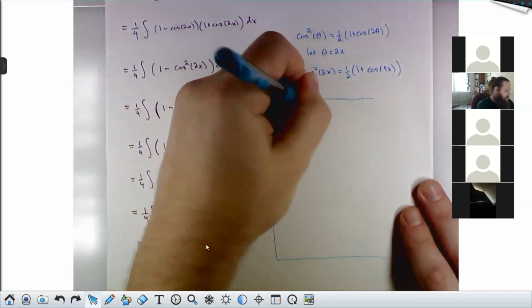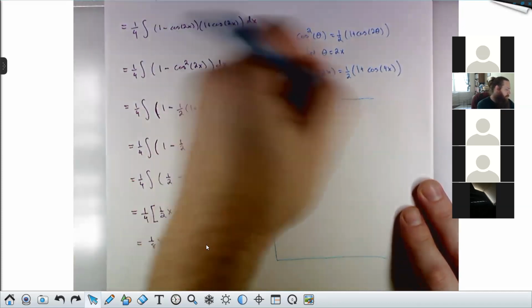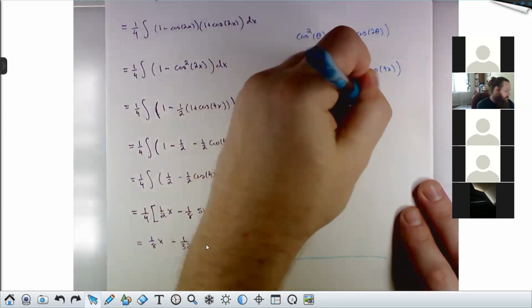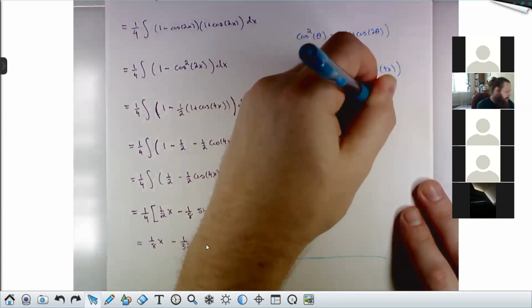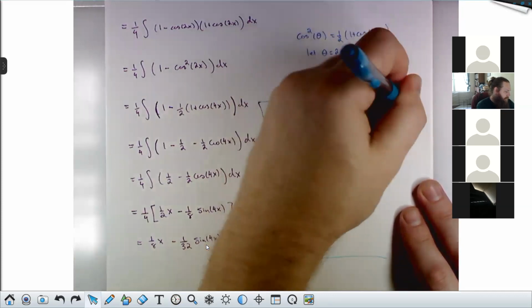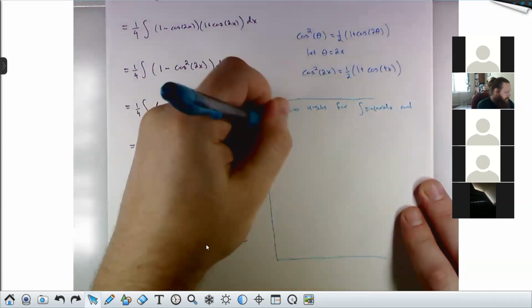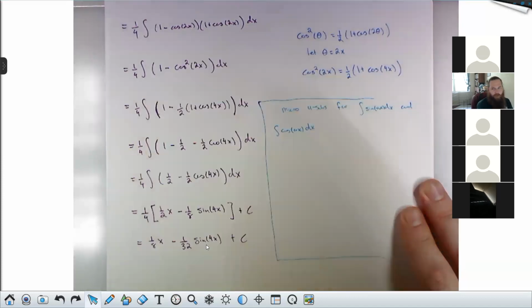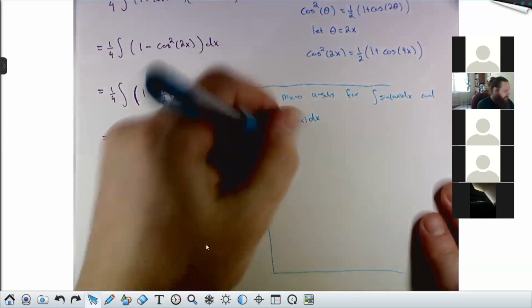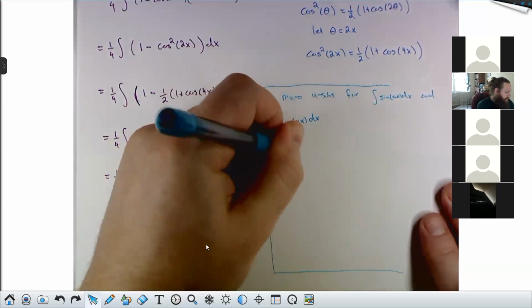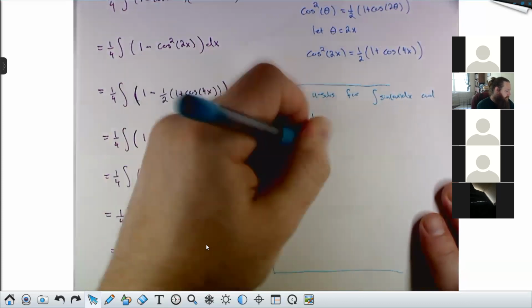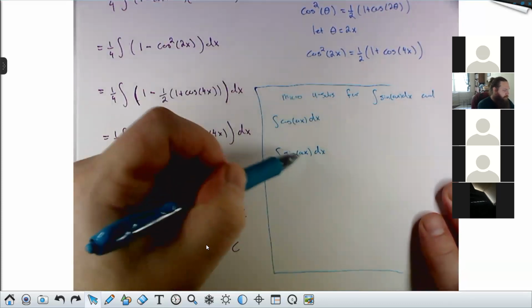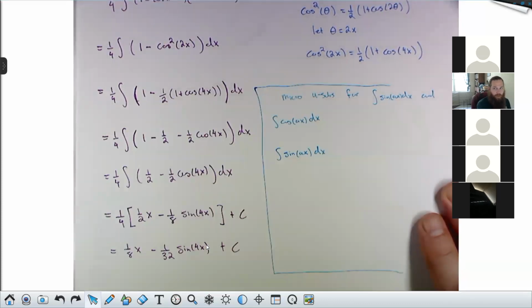Specifically, you should be able to do these integrals really fast. Sine of ax and cos of ax should be no-brainers. Integral of sine ax dx, you would substitute u equals ax, du would be a dx, so you get a 1 over a out.